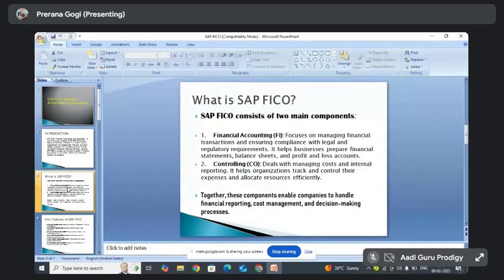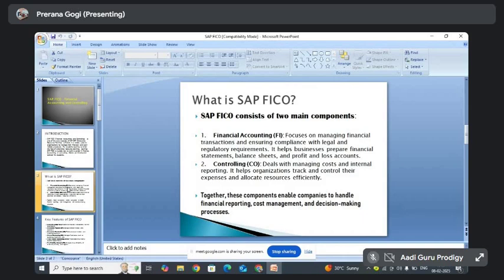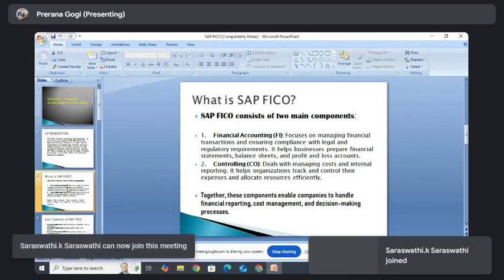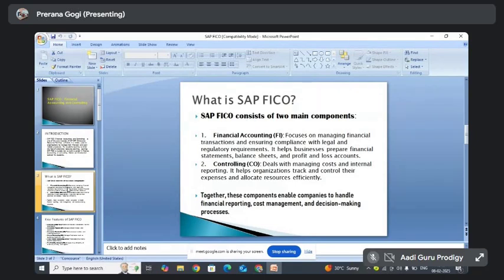Here we have two definitions: financial accounting, FI, focuses on managing financial transactions and ensuring compliance with legal and regulatory requirements. Whatever you do in SAP will be legally done. It is not just some software developed somewhere that you are using. Each and every rule of our constitution recommending our accountability is already adapted in SAP FICO.